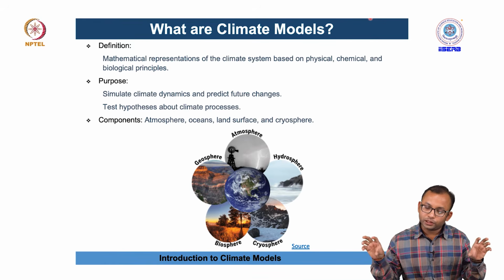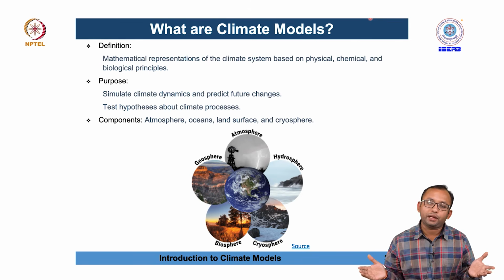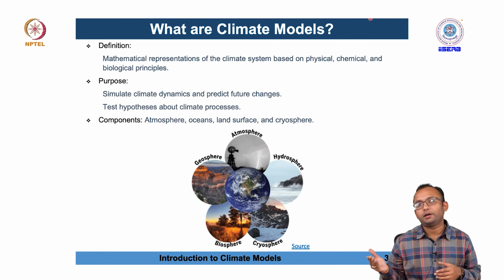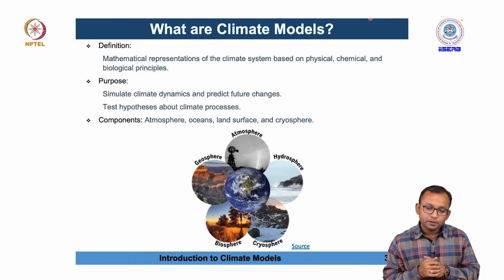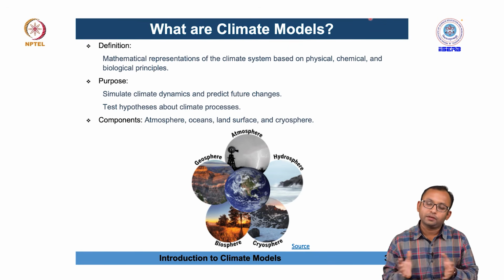So we make a hypothesis, we run these models, and then we check whether our hypothesis is correct or not, or if it is correct, what is likely to happen in different scenarios as well. So this is the purpose of the climate models, which we use for simulation of the entire earth, the different spheres of earth, and their mutual interactions like that.